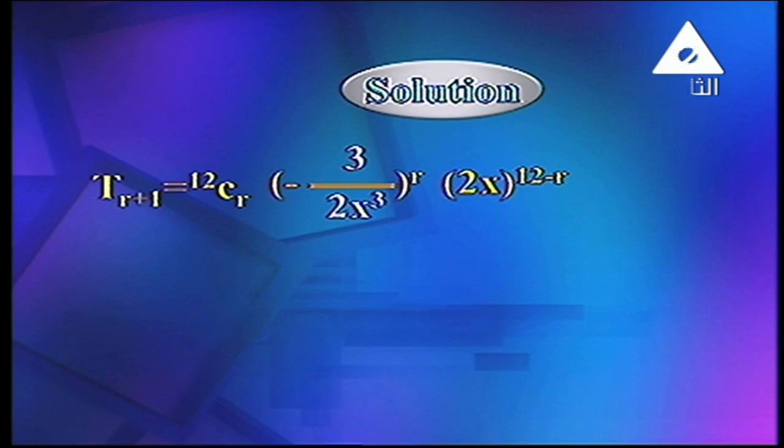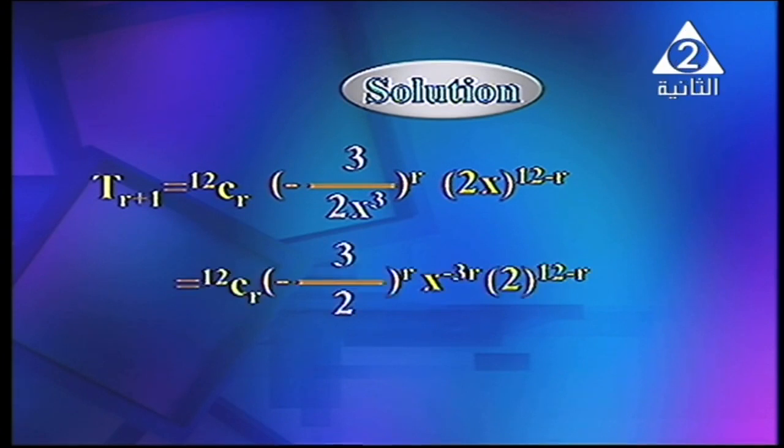Then T(r+1), my dear student, equals 12Cr multiplied by (negative 3 over 2x^3) to the power r multiplied by (2x) to the power 12 minus r. Then the answer is 12Cr multiplied by (negative 3 over 2) to the power r, x to the power negative 3r, and don't forget to multiply by 2 to the power 12 minus r multiplied by x to the power 12 minus r.